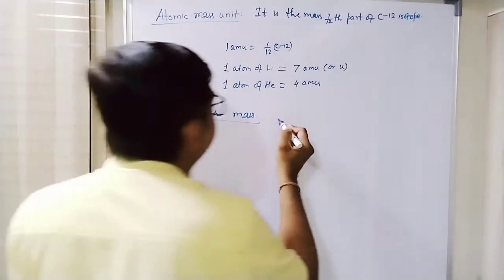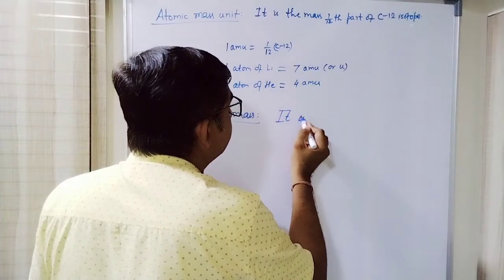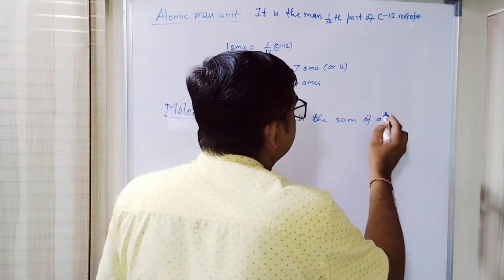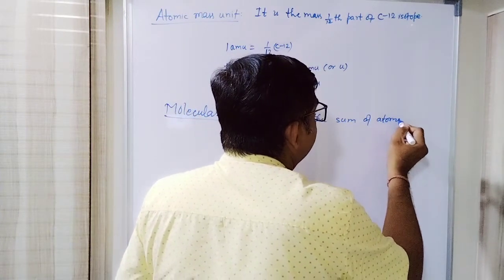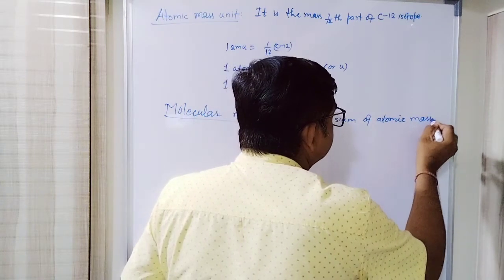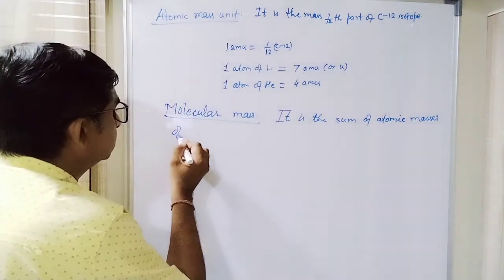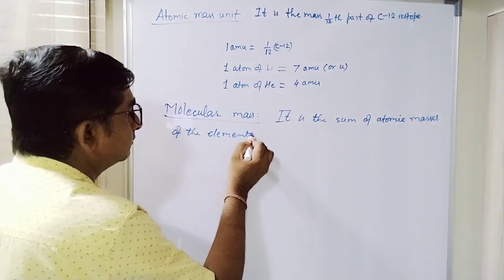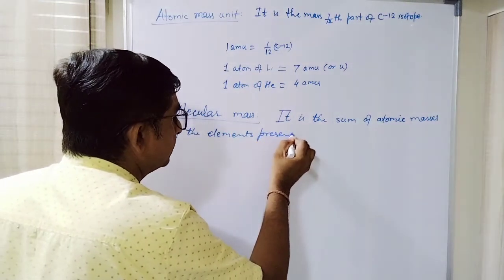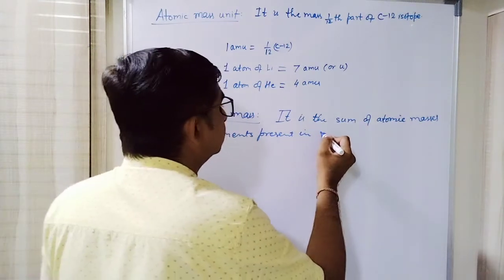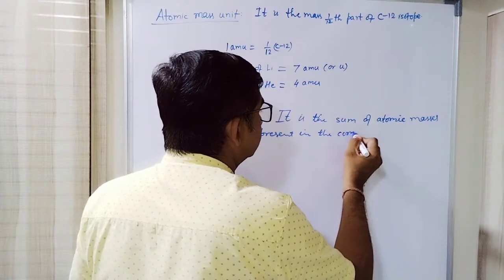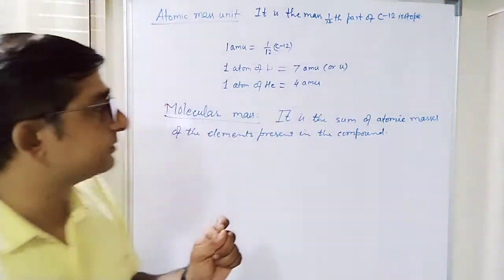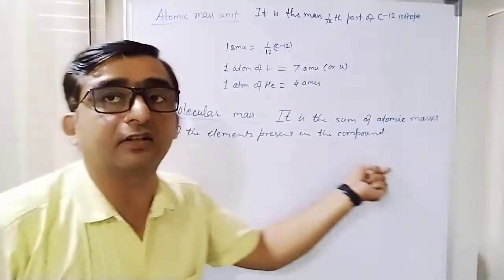Molecular mass is the sum of the atomic masses of the elements present in the compound.